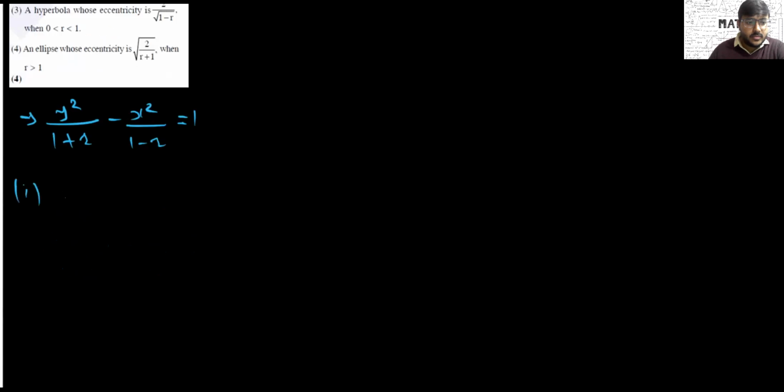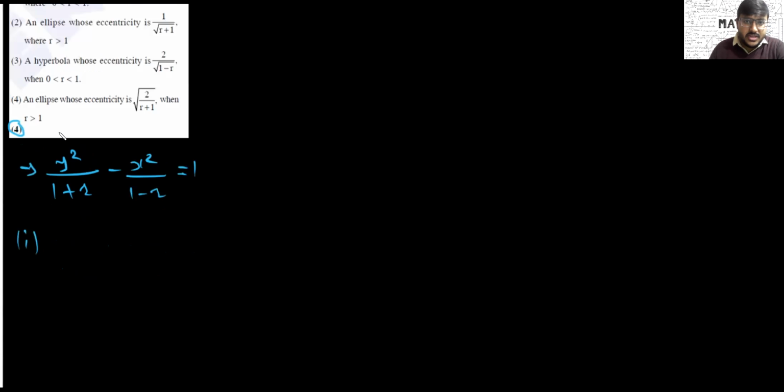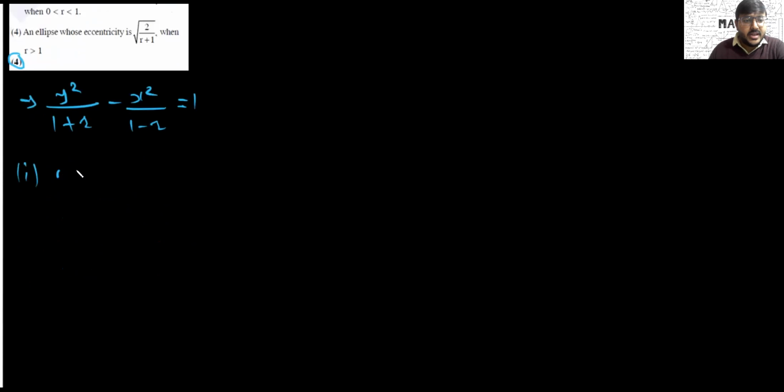So let me check first. As we know the answer, but in the examination, when you don't know the answer, you will have to check both cases. So first case, let me take 0 < r < 1. When 0 < r < 1, 1 + r is always positive.